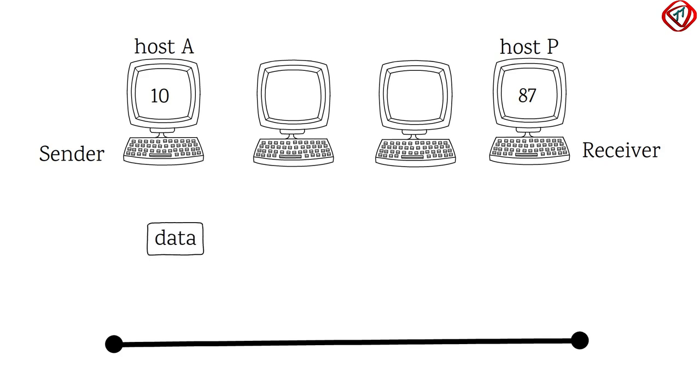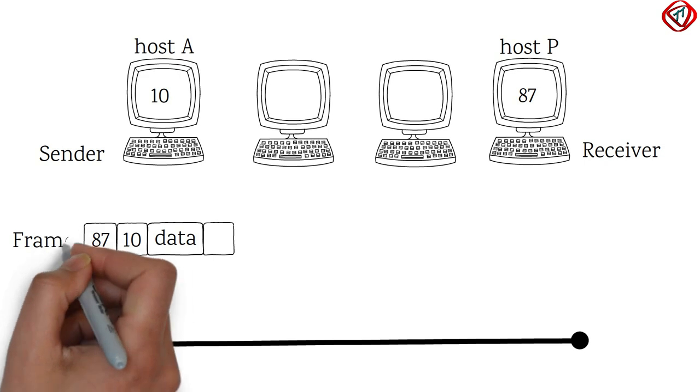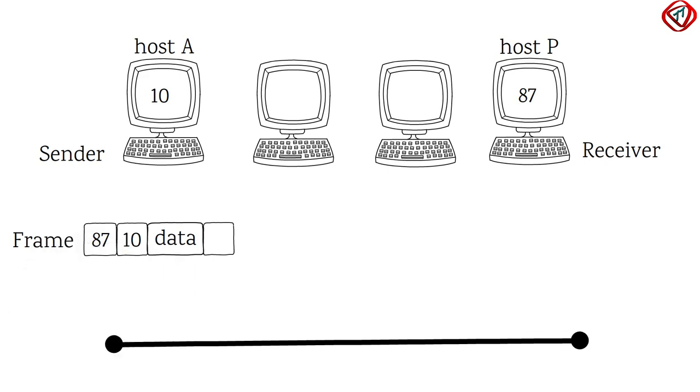So, the data from host A is encapsulated with destination physical address and source physical address to form a frame at the data link layer. The trailer contains bits for error detection.